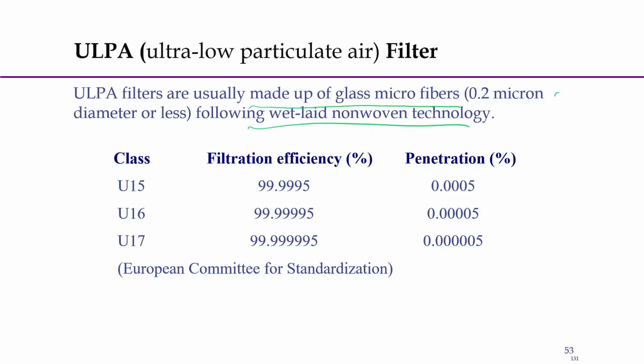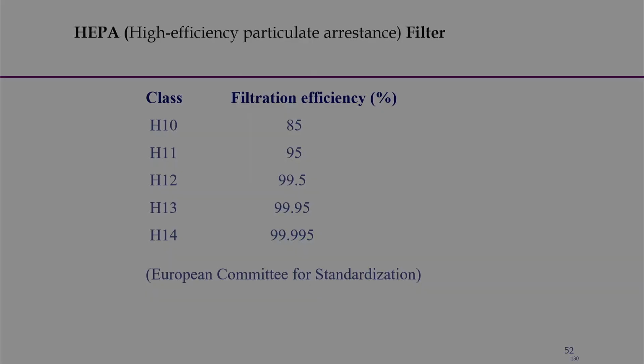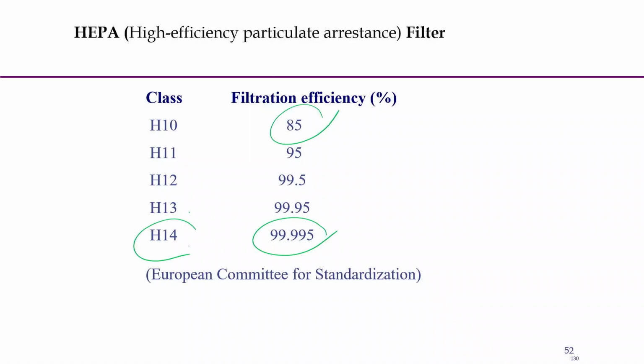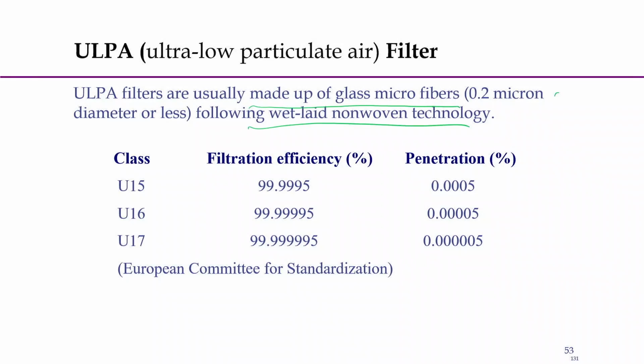It is actually a continuation of the HEPA filter. So, HEPA filter is up to the 14 range, and here you can see it is an ultra filtration, a finer filtration, U15, 16, 17, which talks about almost close to 100% filtration efficiency.